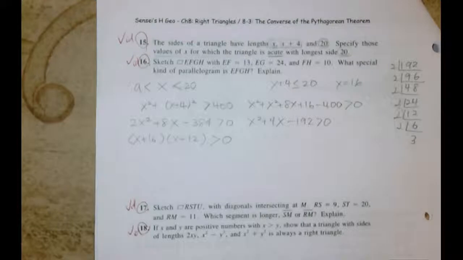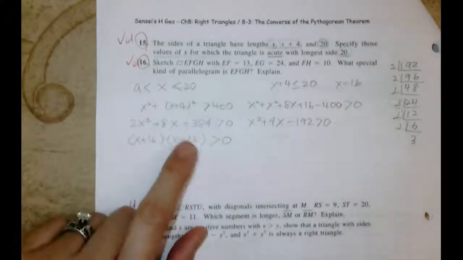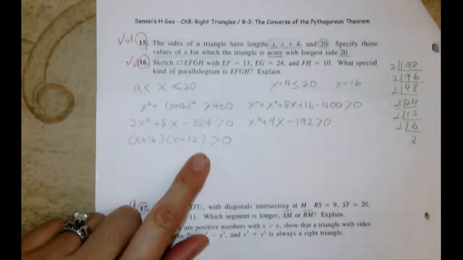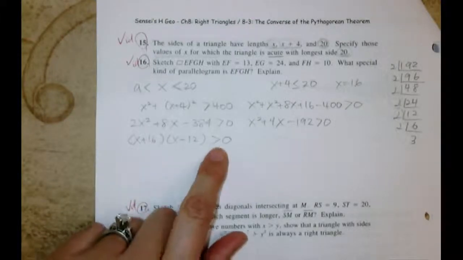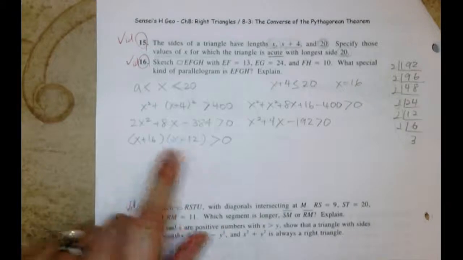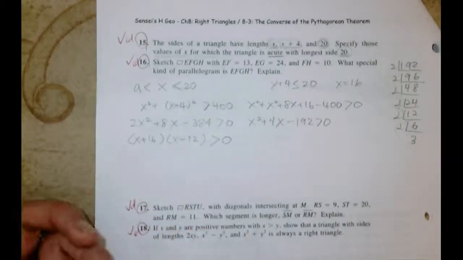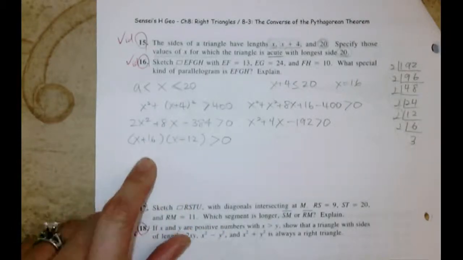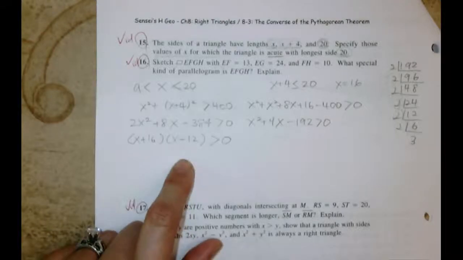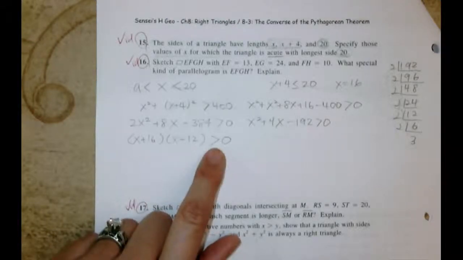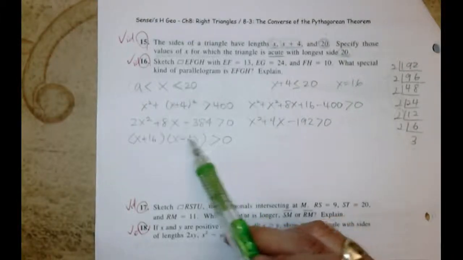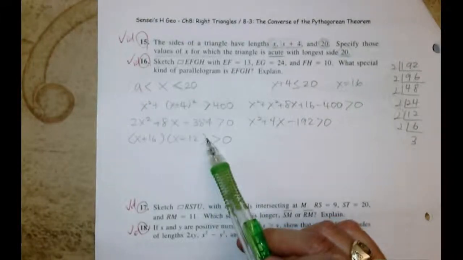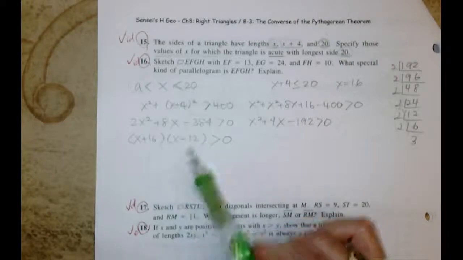Okay, now from here, that's where you want to watch how to solve the quadratic inequality. If this was equal to 0, then you're just setting each of them equal to 0, and getting the answers negative 16 and positive 12. But you can't do that with an inequality, because you don't know which one is going to be bigger and which one is going to be smaller. It doesn't mean that it's going to be bigger than both numbers.